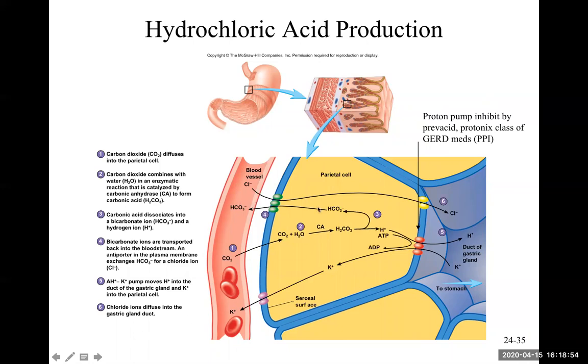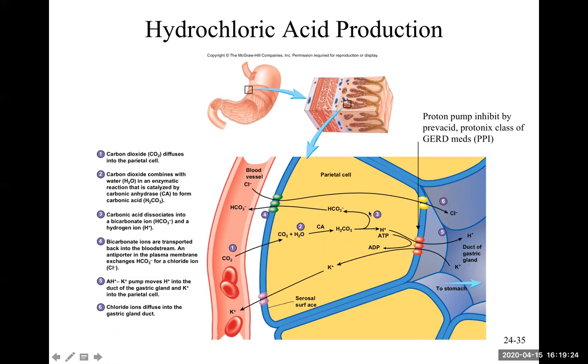Now this picture right here shows us that in order to make hydrochloric acid, you don't make the hydrochloric acid inside the cell. What you do is you pump chlorine out and you pump hydrogen out. Once you pump both of them out, then they combine in the duct of the gastric gland. Then the hydrochloric acid goes up the gastric pits into the opening, that is your stomach, lined with basic mucus.